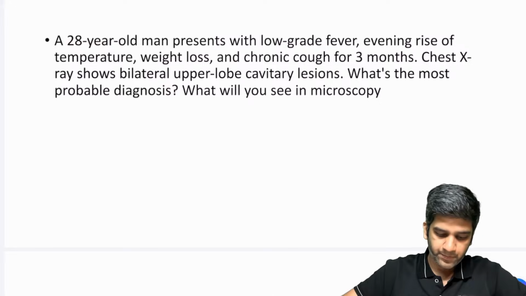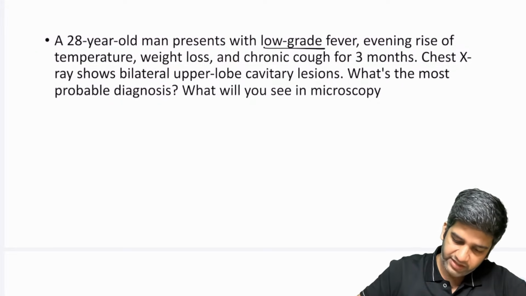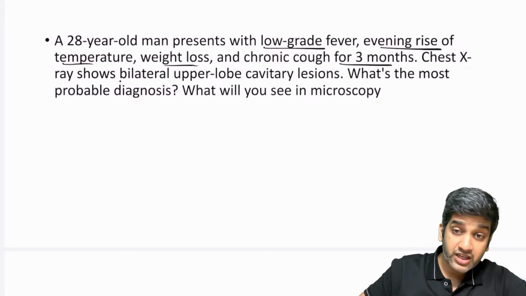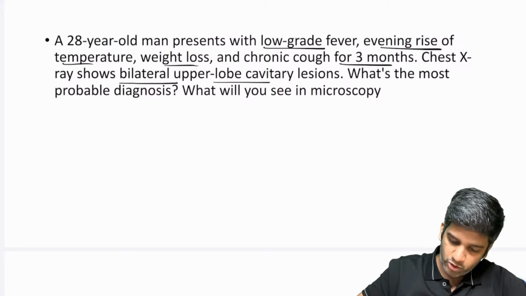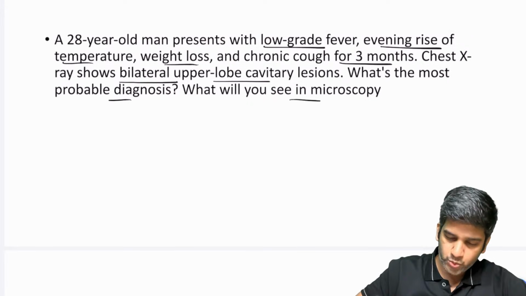What's the answer? Let's read. A 28-year-old person, low-grade fever, evening rise of temperature, weight loss, chronic cough for 3 months. X-ray shows bilateral upper lobe cavity lesions. What's the most probable diagnosis? What do you see in microscopy?